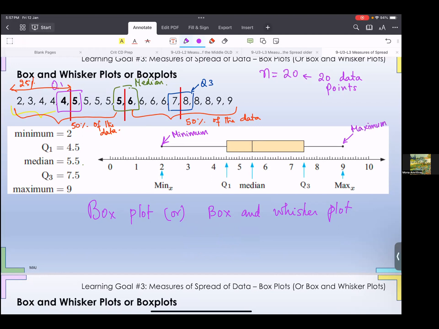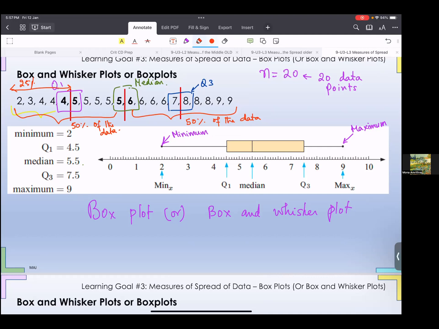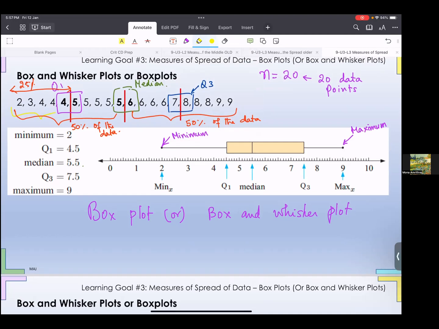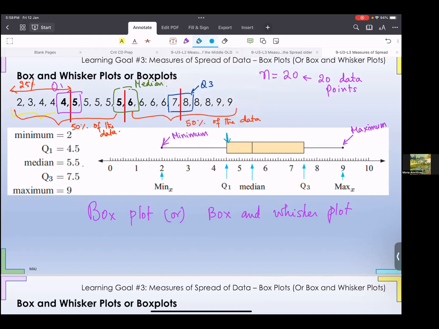The maximum value is 9, so this is at 9. The minimum here is 2. This over here is Q1, or the lower quartile, which is 4.5.